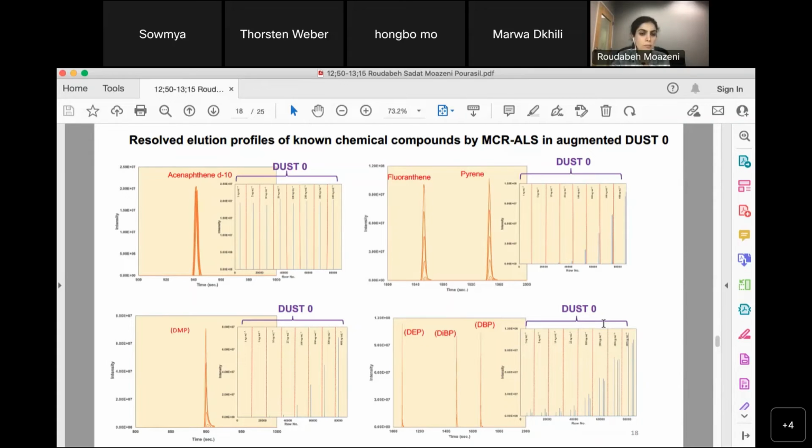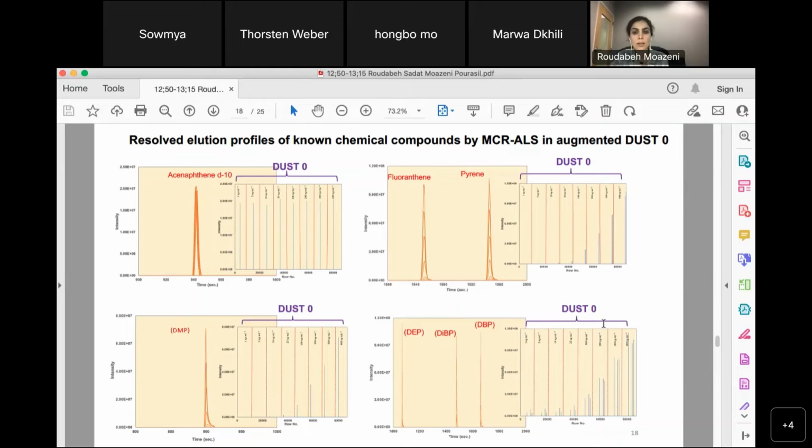On the bottom left, you see the resolution of one peak in the elution profile at 8 concentration levels. As you see, the peak heights are in accordance with the concentration level from low to high.